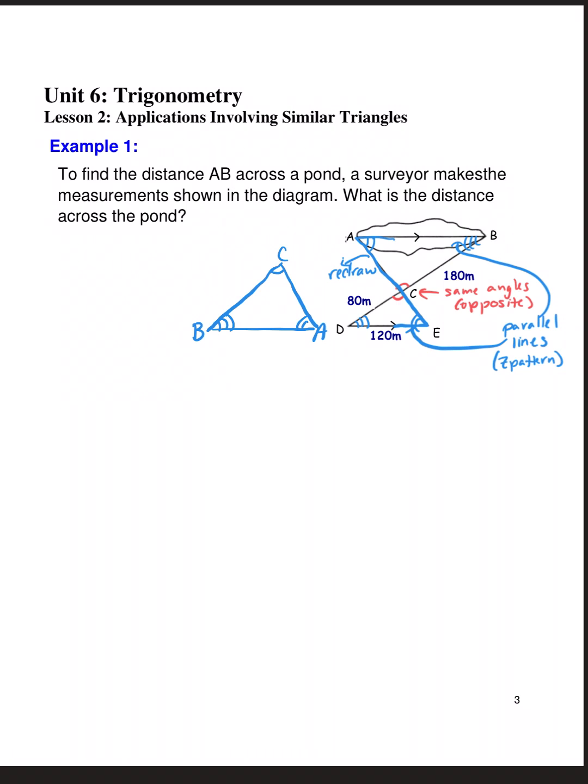I'm going to label all the information I had. I know that CB was 180 meters, and we're trying to find the distance across the pond, which was side length AB. We can see that the angles match.